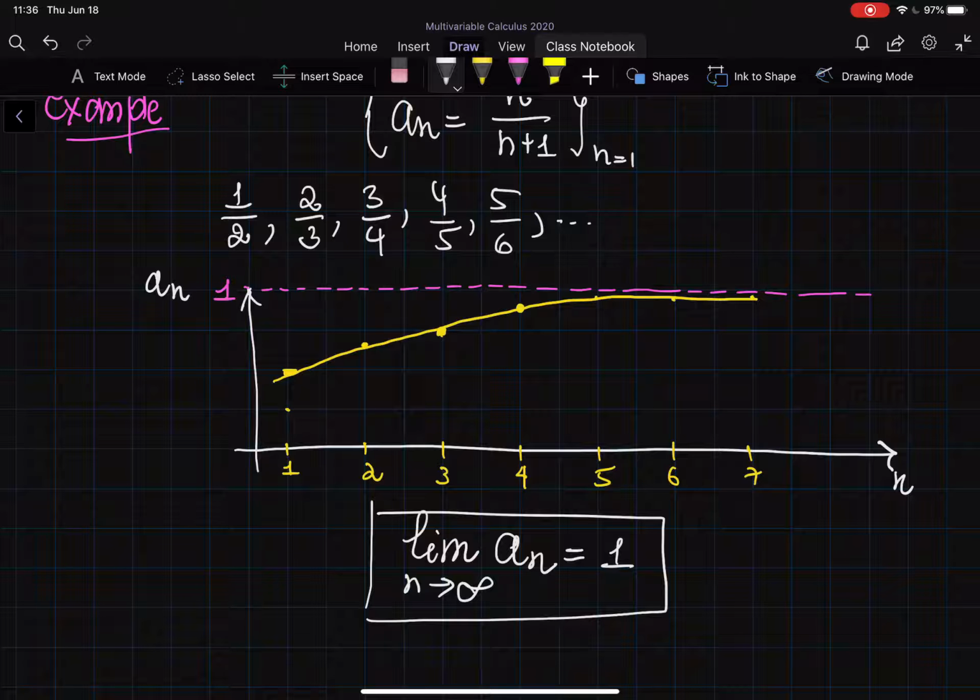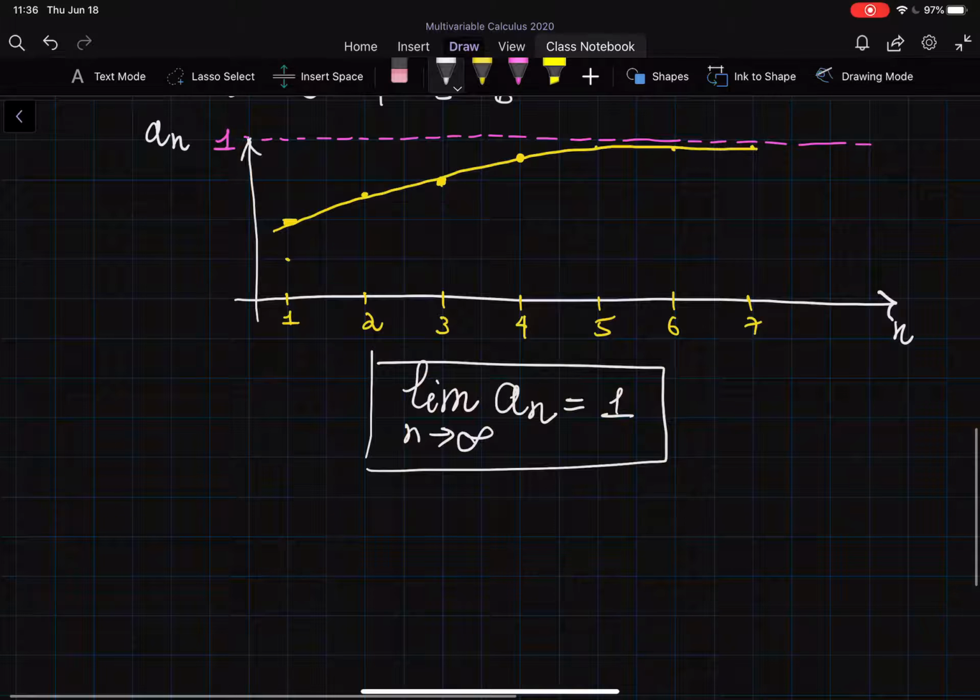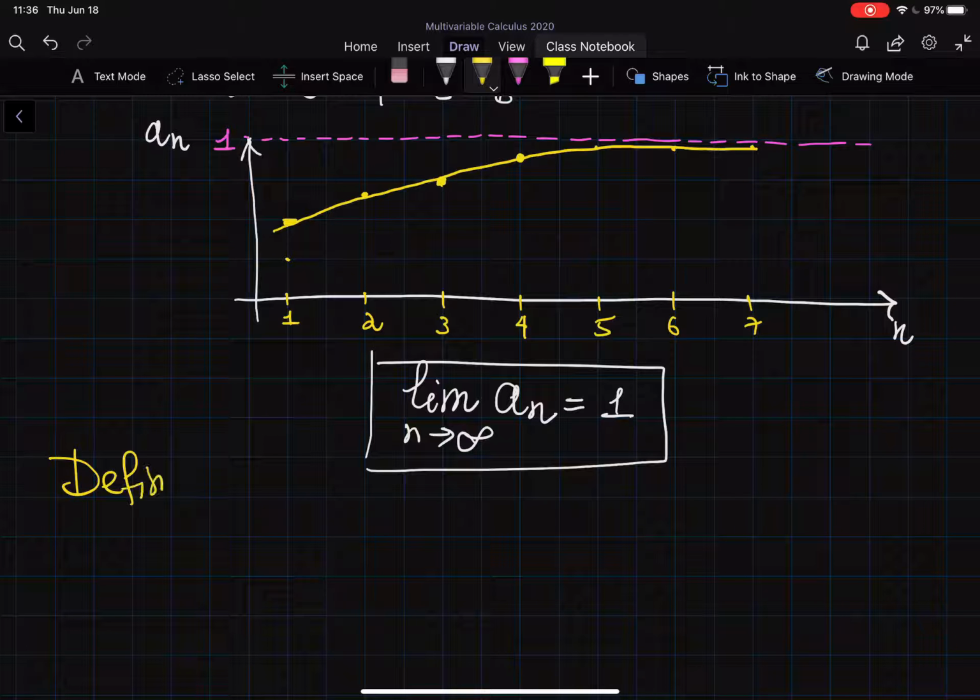So in general, we are going to write down a converging sequence in this way. Let us write down the definition of the converging sequence. Definition.